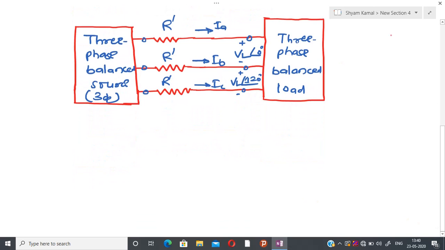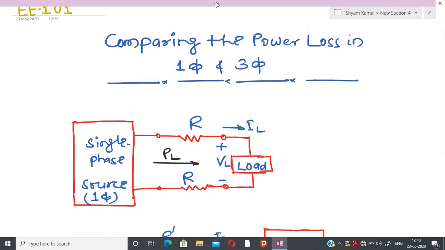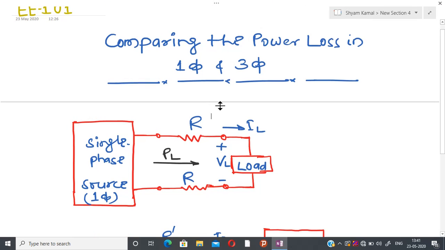So here I am going to write the assumptions. Let us make some space.